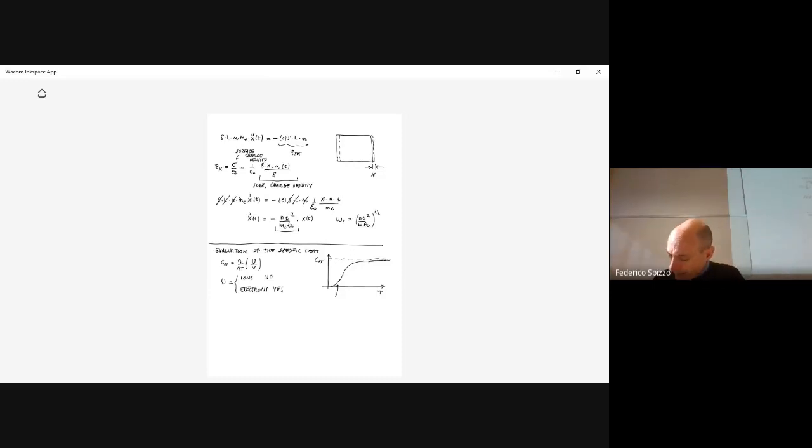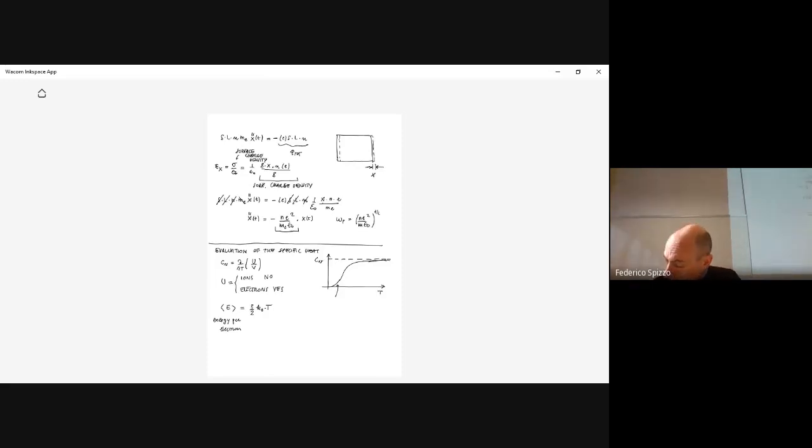The average energy per electron is proportional to T, the temperature. In this case, we have 3 divided by 2 times Kb times T. So this is the only contribution.